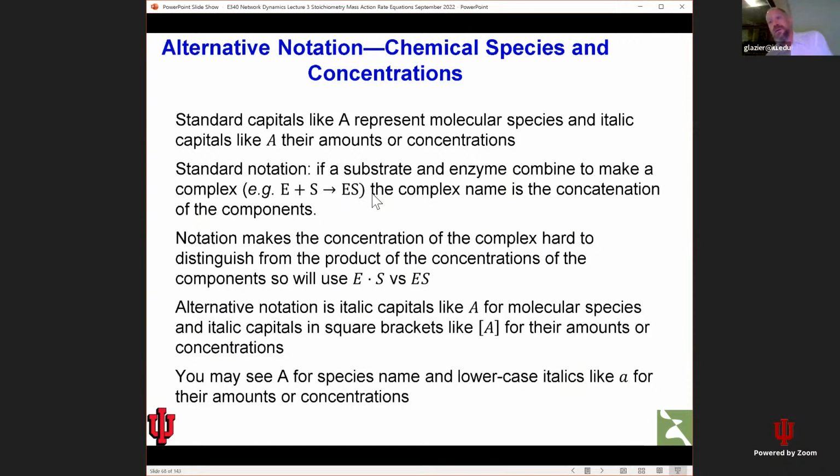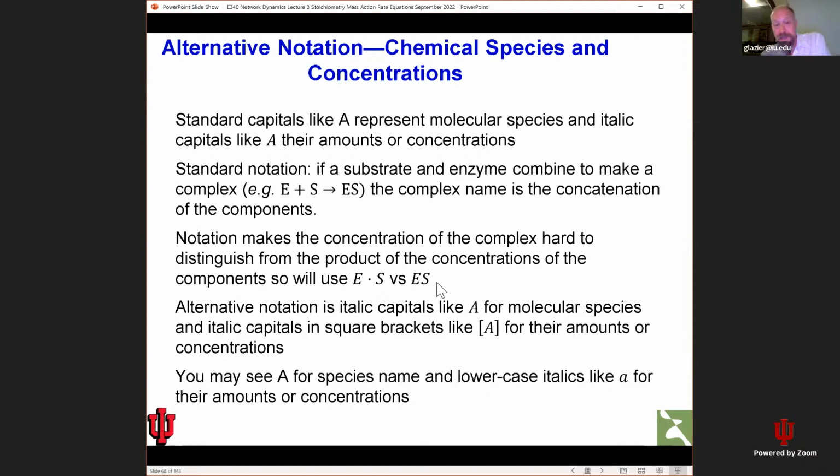If I'm talking about chemical species, this is unproblematic. The problem is when I talk about concentrations, because ES looks like the concentration of E times the concentration of S.